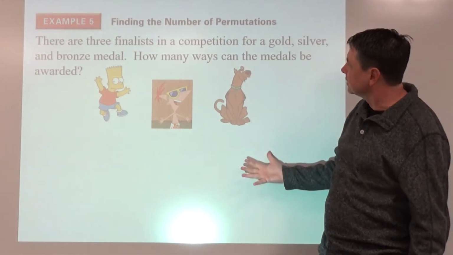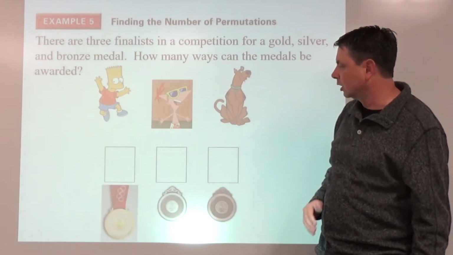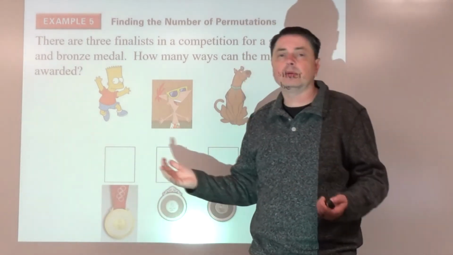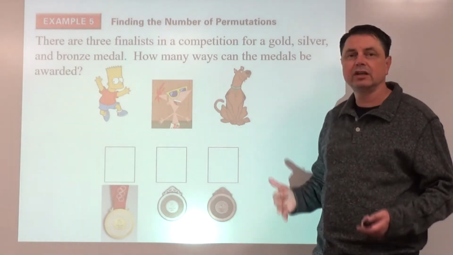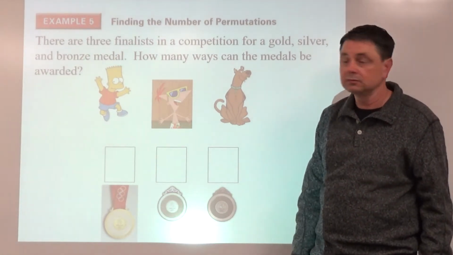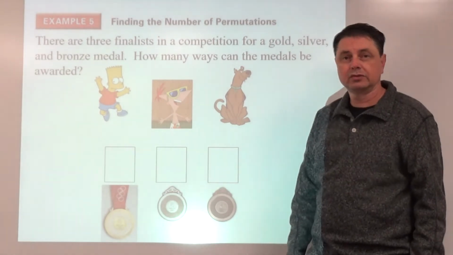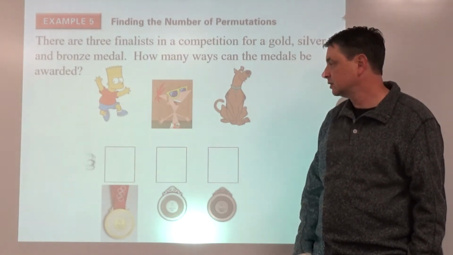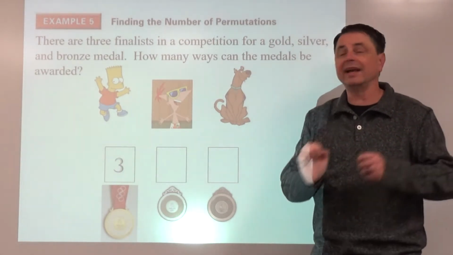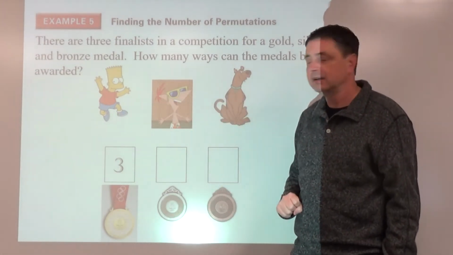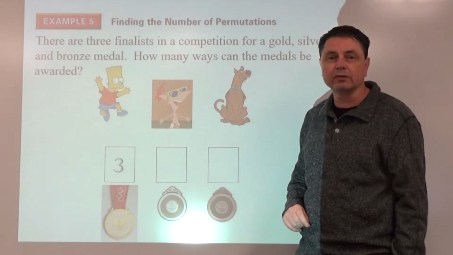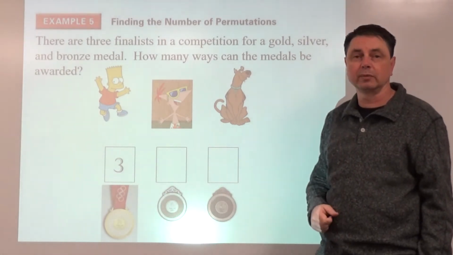So if we look at this in general, we're going to award a gold medal. How many choices do we have among our contestants to award the gold medal? There are 3 of them, so there are 3 choices. Once the gold medal has been awarded, let's say to Phineas, how many choices do we have for second place, the silver medal?